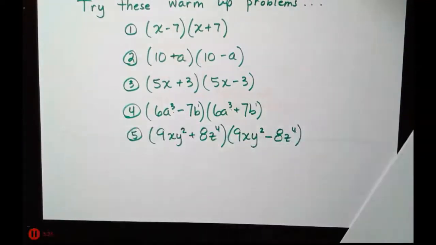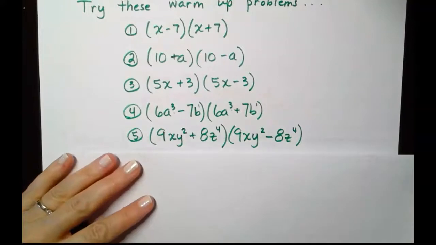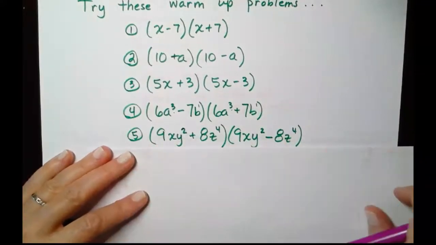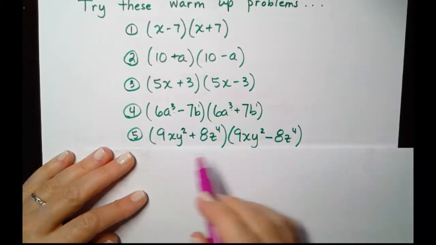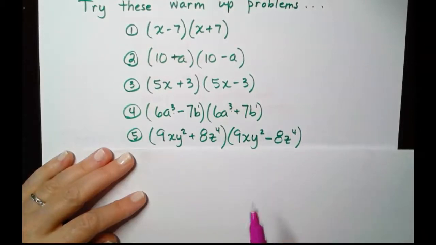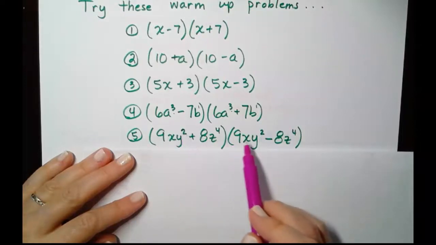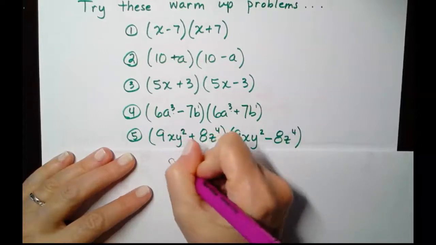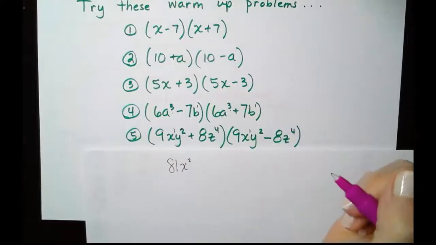So hopefully you're catching on very quickly to where these DOTS come from. Here's one last one, number 5. This time I'm totally going to do it with the shortcut, knowing that the outers and the inners are going to cancel. If we know that we're going to get the difference of two squares, all we have to do are first and last. 9xy squared times 9xy squared is 81x squared, remember that's x to the first and x to the first.